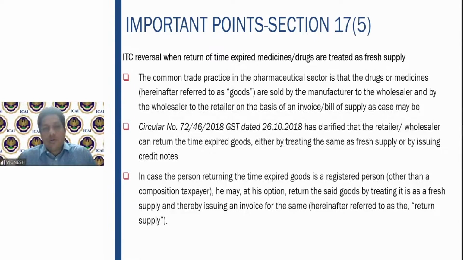When he's returning the goods, he can treat it as a fresh supply, or he can also issue the credit note to the extent of whatever sale has been made. So this is the clarification given by the circular.